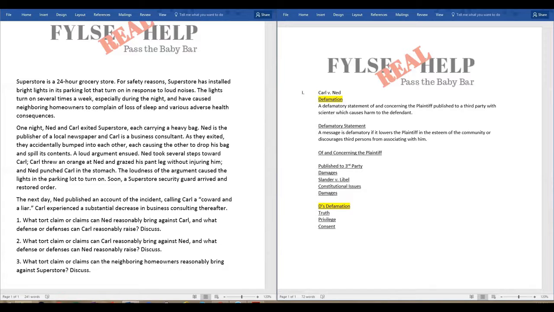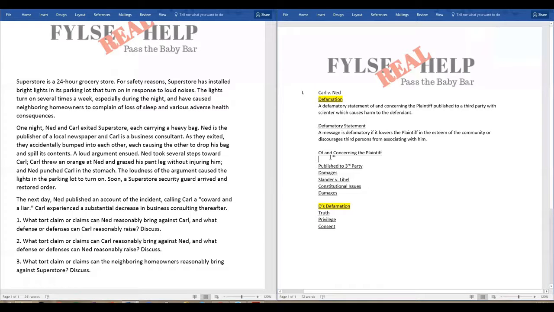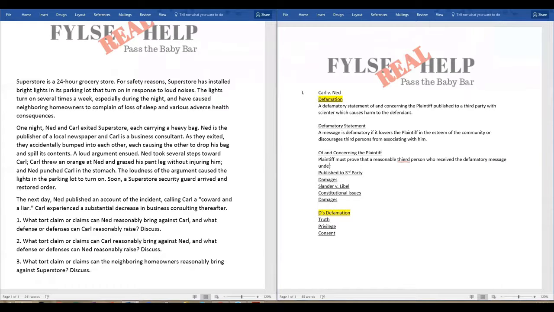Of and concerning the plaintiff. Now, I've had a few questions about this. This is where you're going to want to put the basics of your plaintiff-knowing rule statement: the plaintiff must prove that a reasonable third person who received the defamatory message understood it to refer to the plaintiff.